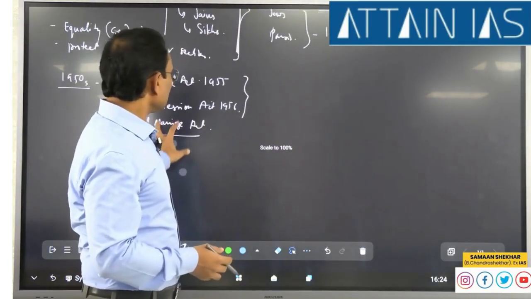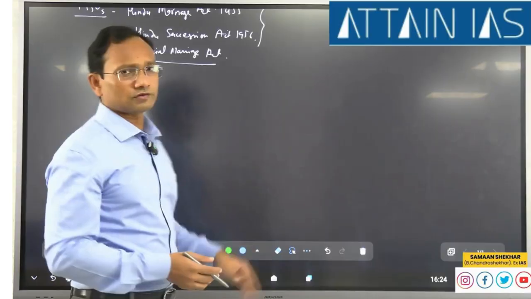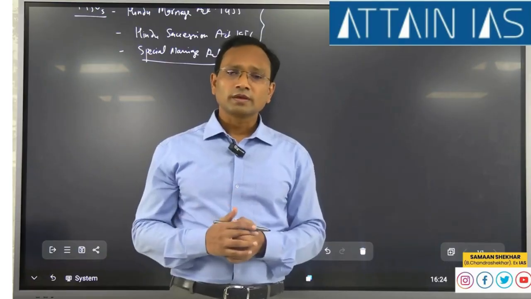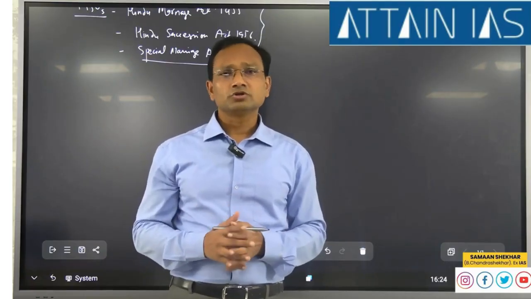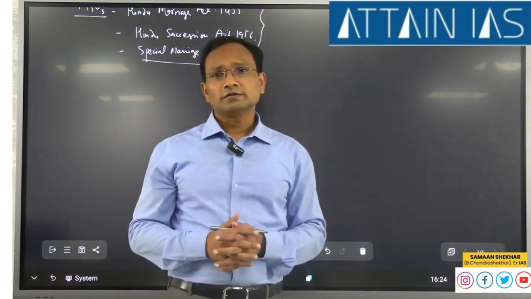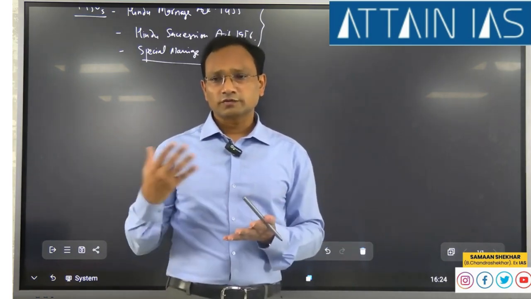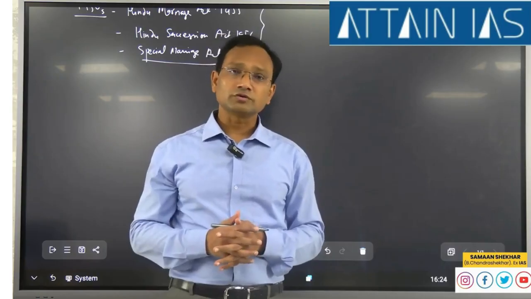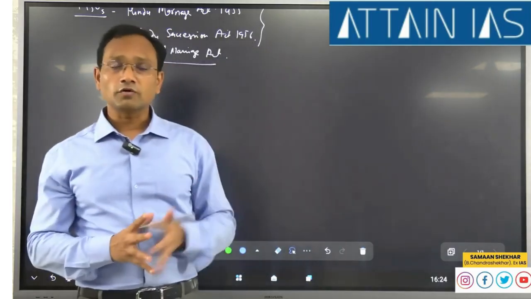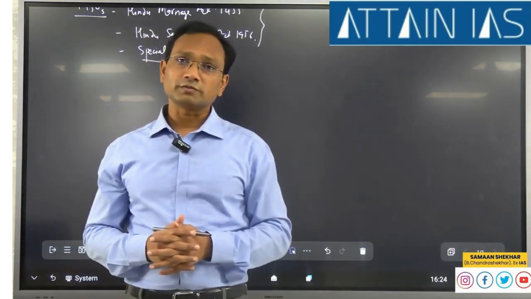However, let's understand what the problems are with having such a code and why it has taken so long for the country to have a uniform civil code, despite the fact that this mandate was given in the Constitution itself, right from the beginning, in Article 44, as a directive principle of state policy.